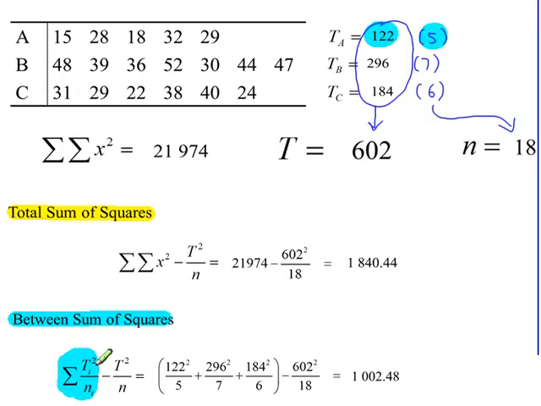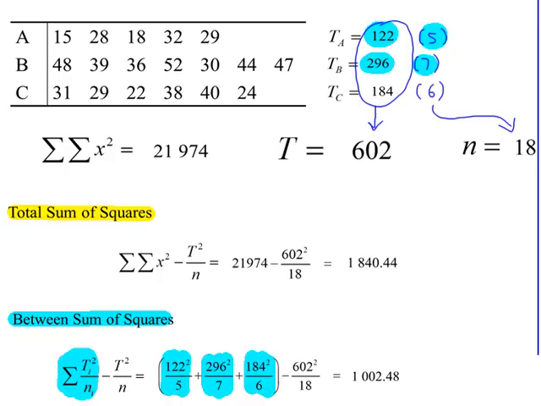T squared divided by n, 122 squared divided by 5. The next one, 296 and 7. So t squared over n, 296 squared over 7, and so on for the third sample.